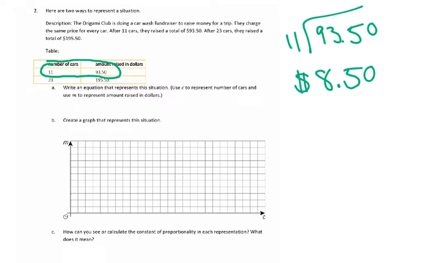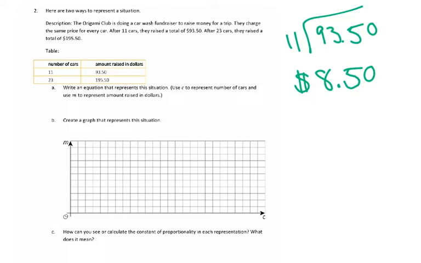So if we know that each car costs $8.50, and we have to write an equation in A here. A says, write an equation that represents the situation. Use C to represent the number of cars, and use M to represent amount raised in dollars. So let's go back to our table for a second.